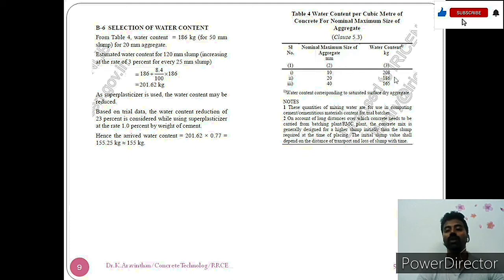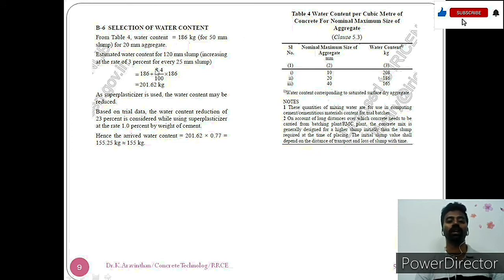For 10 mm you have 208, for 20 mm aggregate you have 186, and if you are using 40 mm aggregate you have 165 kg of water. Right now in our problem we have 20 mm maximum aggregate, so we have to assume 186 kg of water per meter cube.